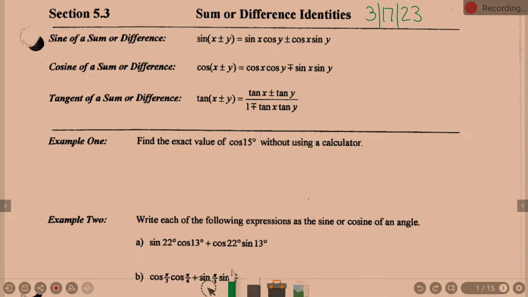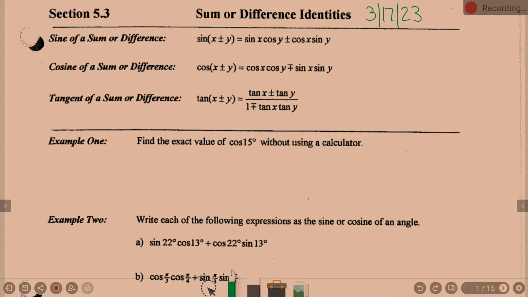Here, this is saying if it's cosine of x plus y, we're going to use the minus there. If it's cosine of x minus y, we're going to use the plus. Okay? The formula tells us instead of plus or minus we're going to use minus plus. I'll demonstrate, okay? So reverse it.